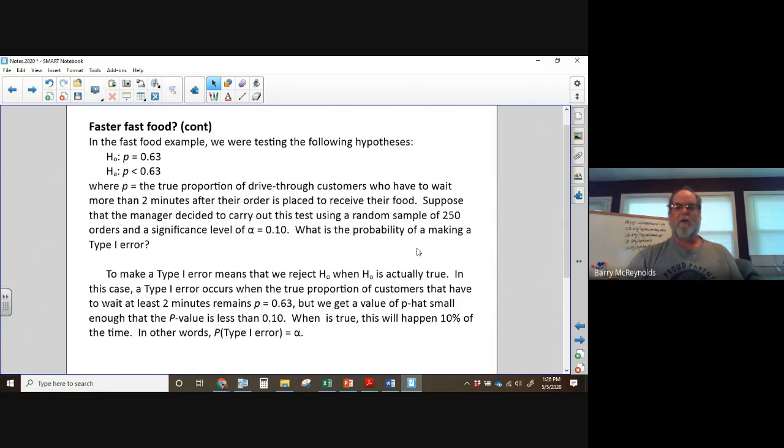Okay, so out of these 250 samples, we could get a p hat that is small enough, that is less than 0.63, that would allow us to make that type 1 error and conclude that it has really gone down.